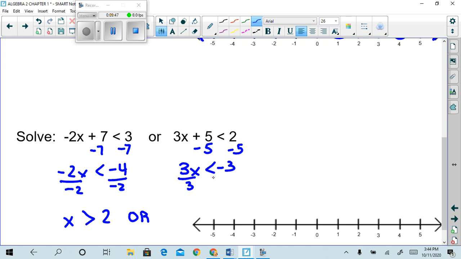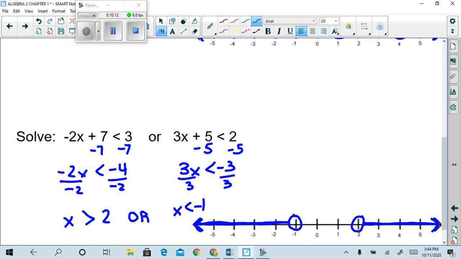Let's divide by 3. And the second part says that x is less than -1. Time to graph. X is greater than 2. Open circle and shade everything that is greater than. Or x is less than -1. Open circle and shade everything that's less.